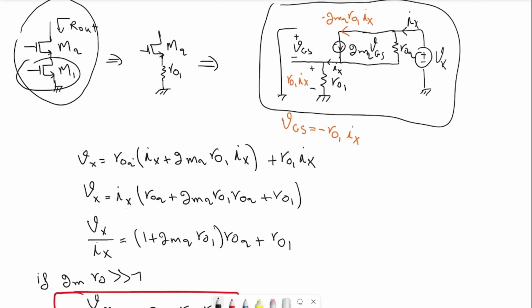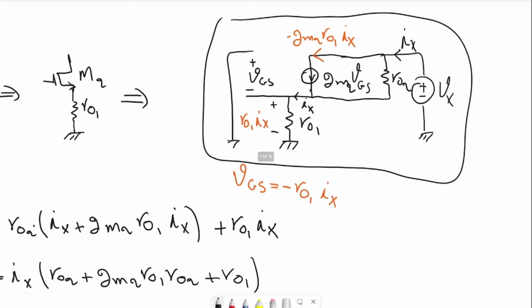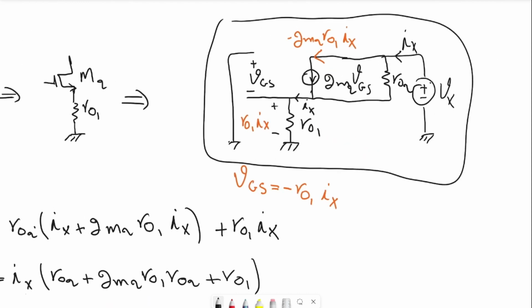I will just explain very quickly here. This is Vx, the external voltage source, and Ix flows through ro2 and gm2 Vgs. After this they meet here, and the whole Ix flows through ro1.